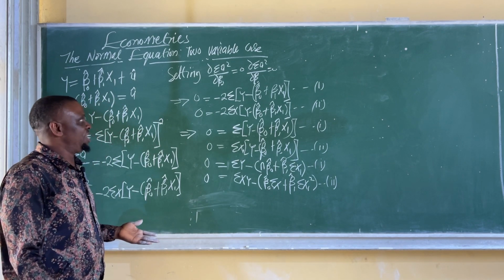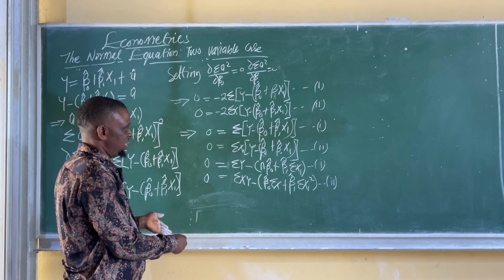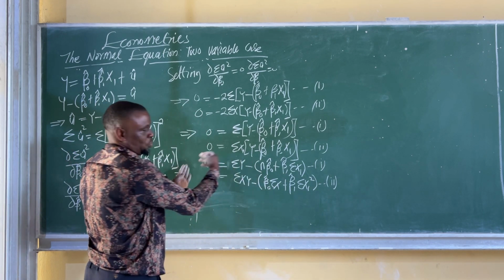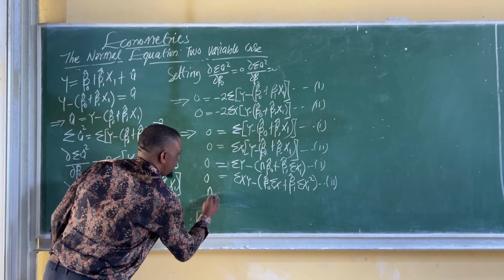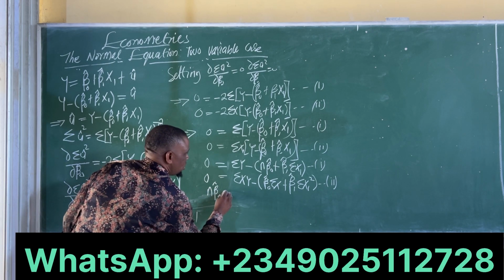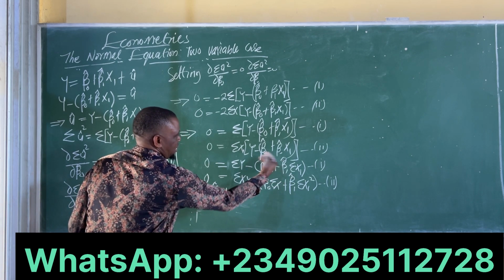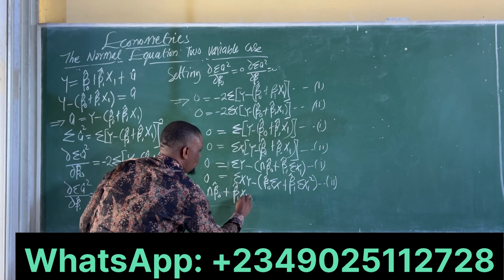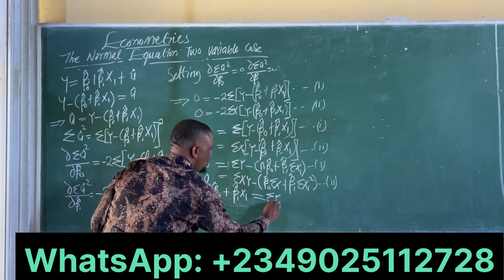Now, the next thing is to move the whole of this to the left-hand side. If we do that, then this negative sign is going to change to positive sign. And so we'll have n beta 0 hat plus beta 1 hat summation x1 is equal to summation y.